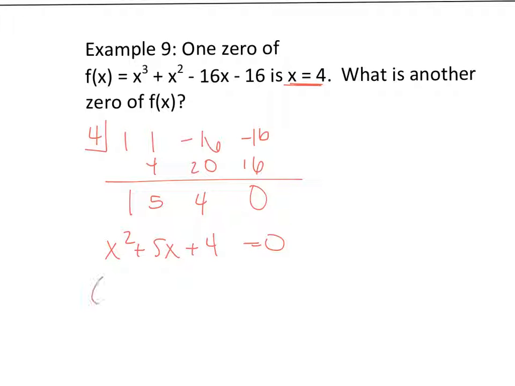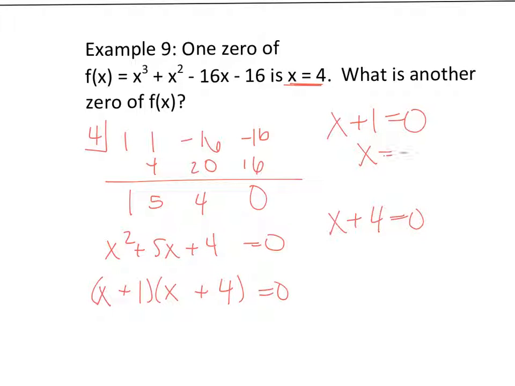So once again, I'm going to try factoring. So two numbers that multiply to give us 4 and add to give us 5, so 1 and 4. And we're going to set both of those equal to 0. So we have x equals negative 1 and x equals negative 4.